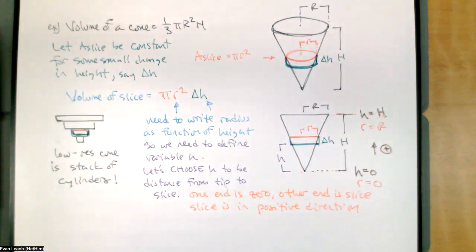So if we want to write r as a function of the heights, we can just use proportional triangles. We can say little r over h is capital R over capital H.